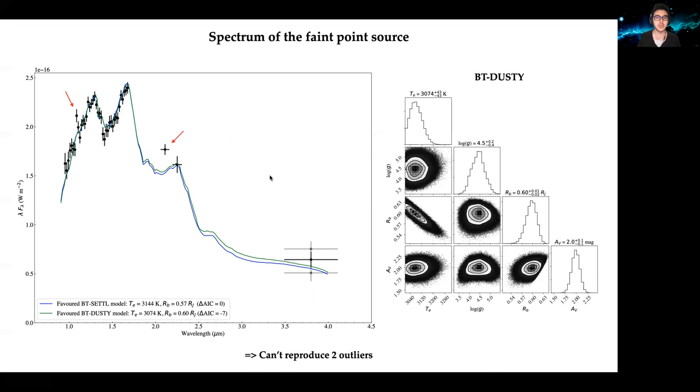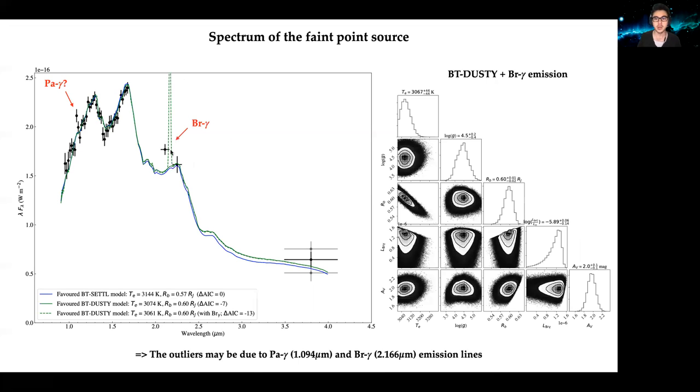So we consider the possibility of this being due to a Brackett gamma emission line. So we added an extra free parameter in our fit, and we found that the most likely luminosity of the Brackett gamma line, if this is indeed the reason for the discrepancy here, would be a luminosity of about 10 to the minus 6 solar luminosities.